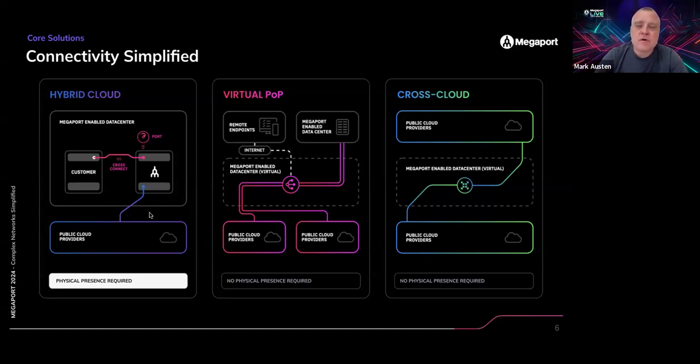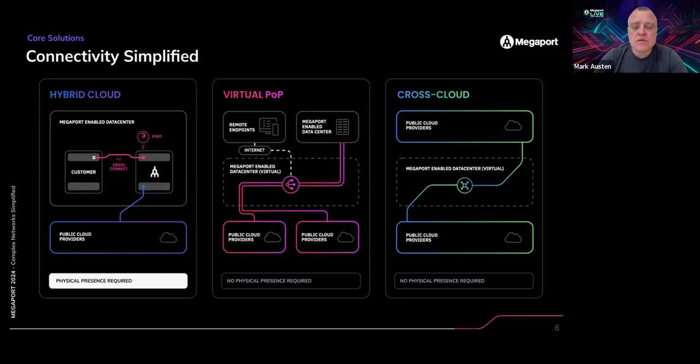On the right, you've got cross-cloud connectivity, which is multi-cloud routing privately at high speed, not using the internet. You're using Megaport's private backbone to connect multiple cloud providers together using the Megaport Cloud Router.